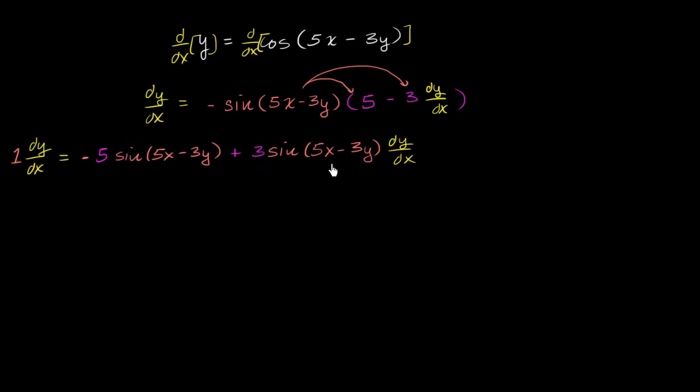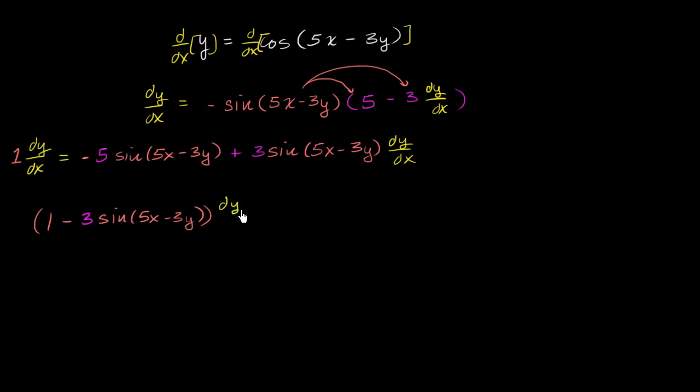So if we subtract this from both sides, on the left-hand side, we're going to have a 1 dy/dx, and we're going to subtract from that 3 sine of 5x minus 3y dy/dx's. So you're going to have 1 minus 3 sine of 5x minus 3y dy/dx's on the left-hand side.